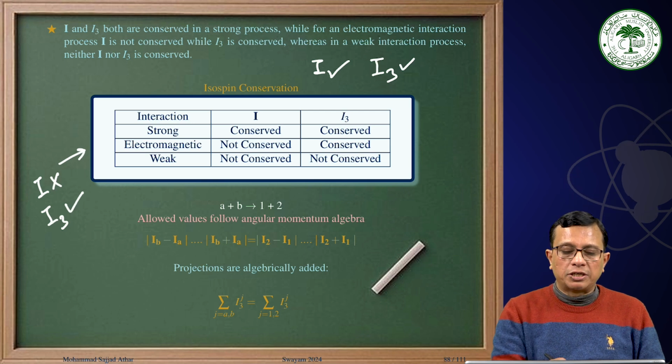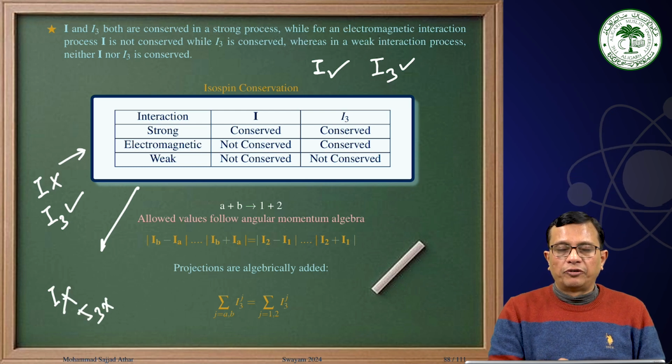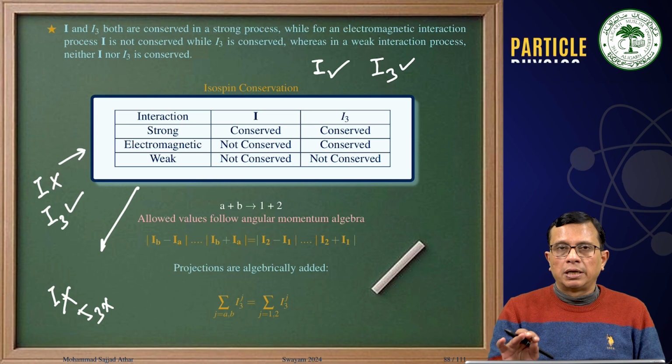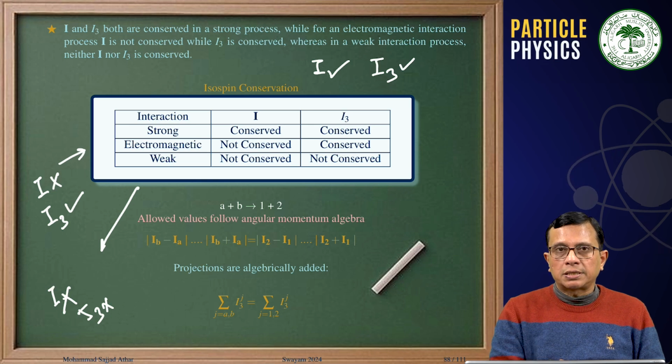In weak interaction process, neither I nor I3 is conserved. Therefore, in a strong interaction, both I and I3 are conserved. In electromagnetic interaction, I is not conserved, but I3 is conserved, and in weak interaction, none of them are conserved.